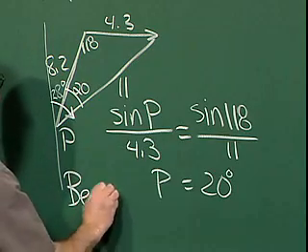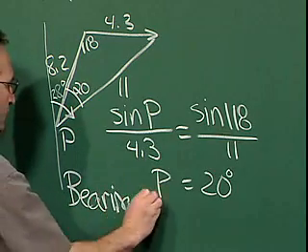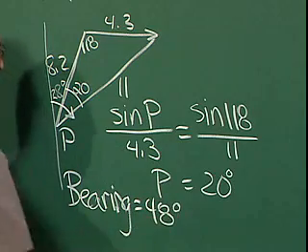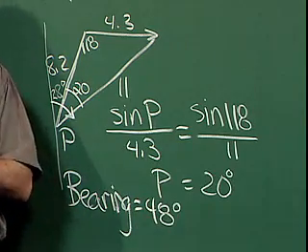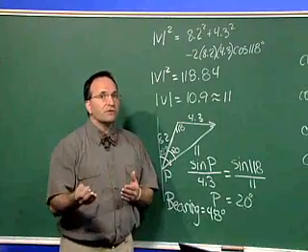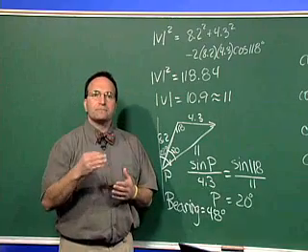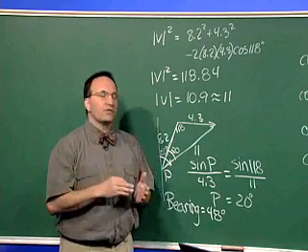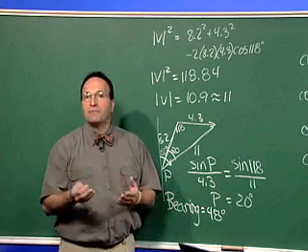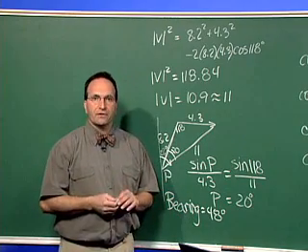So bearing equals 48 degrees. So what that means is that it travels a total of 11 kilometers at the bearing of 48 degrees.